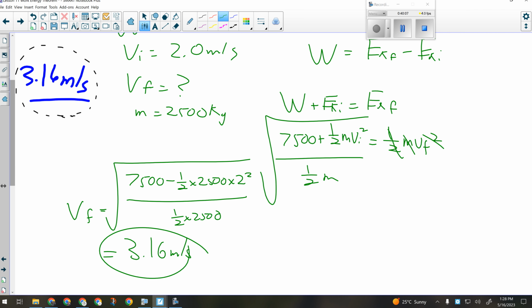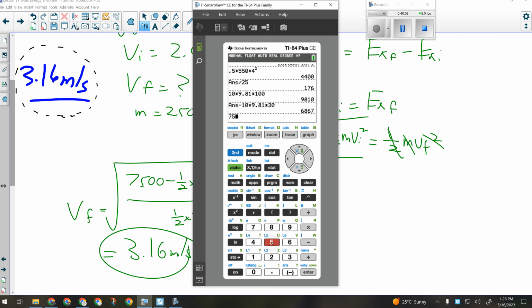In my calculator, it looks like this: 7,500 minus 0.5 times 2,500 times 2 squared, divided by 0.5 times 2,500, and then square root that. Whoop, I messed something up. It should have come out to 10.